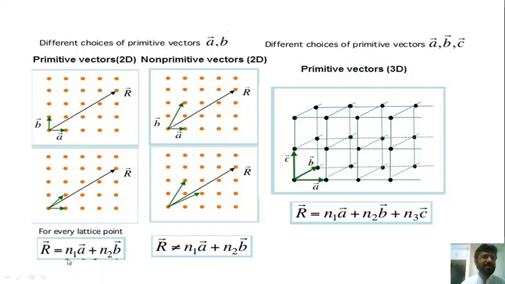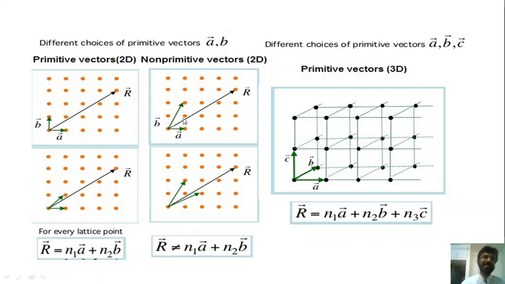But in this other case, the fundamental translation vectors A and B don't satisfy the condition, and so they form a cell which doesn't have the minimum area.